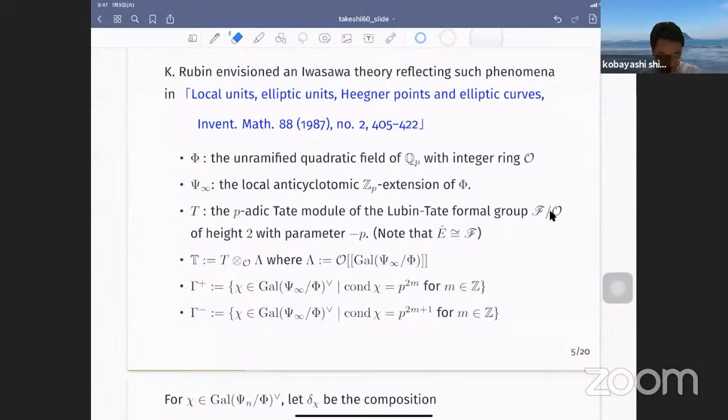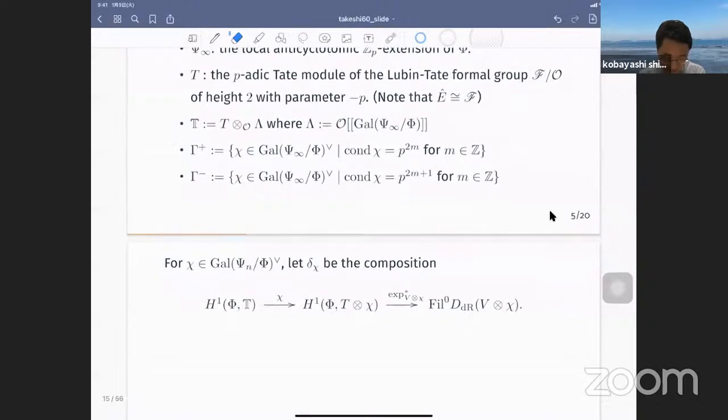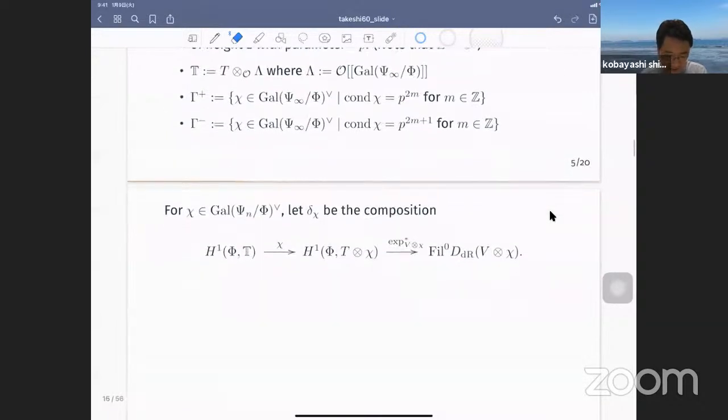And then we consider the dual exponential map. So for χ, we define δ_χ to be the χ-part of the dual exponential map. We evaluate by χ, and then we take the dual exponential map of this representation. V is T tensor Q_p, so δ_χ is the dual exponential map of V tensor χ.